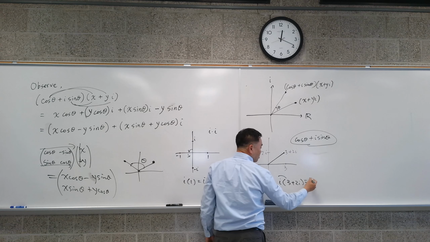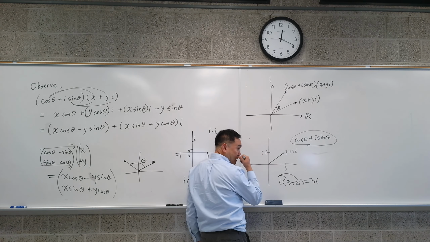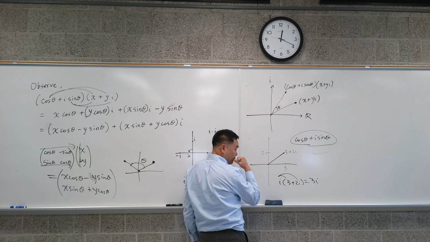That's going to give you 3i and what? i times 2i, what's that? i times 2i is negative 2. Okay? So that's going to be -2 plus 3i. Where is that? -2 and plus 3i here. Is this 90 degrees? Yes, it is. Okay? So multiplication by i rotates everything by 90 degrees.